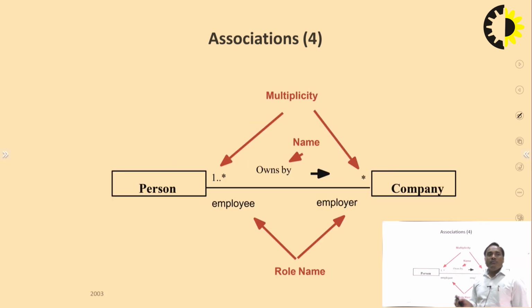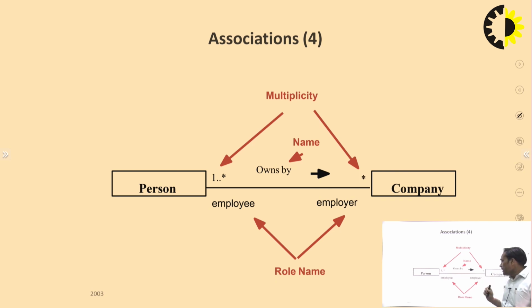Now in this diagram we show the association between person and company. How do you get multiplicity? Multiplicity can be shown by a many to many association. Many persons can be associated with many companies. So person is associated with company.